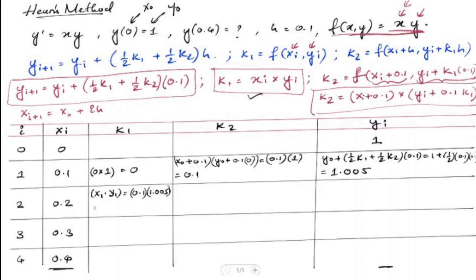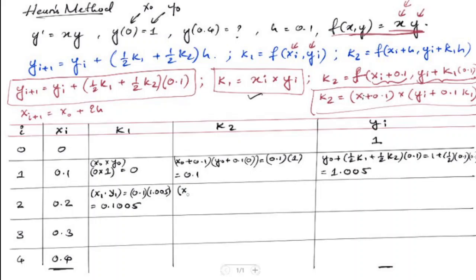So if you multiply those two, you will get 0.1005. Okay, now for clarification, I would like to write here, this is x0 times y0.